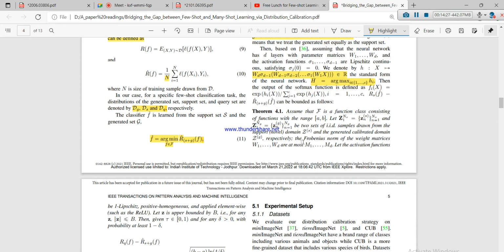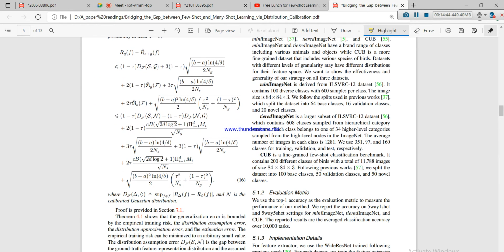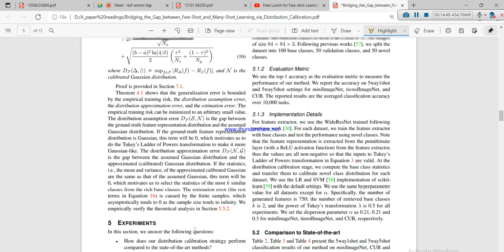The Frobenius norms of the weight matrices W1 to Wd are at most M1 to Md. Let the activation function be 1-Lipschitz positive homogeneous and applied element-wise, such as ReLU. Here they have done some mathematical work, which takes time to understand.